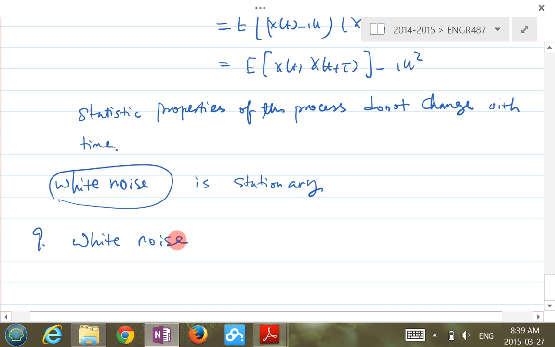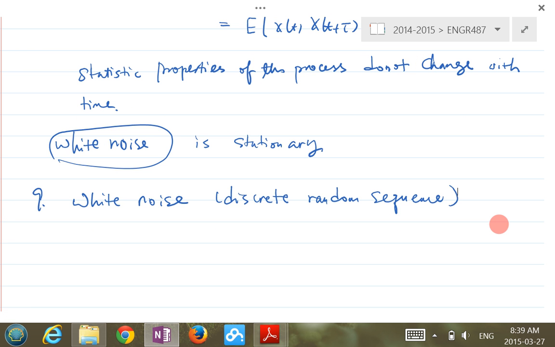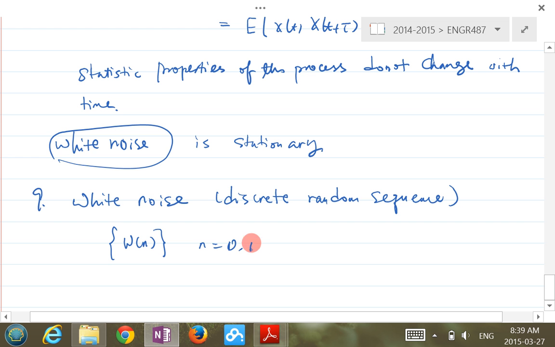We'll look at the discrete random sequence. Discrete basically means we're looking at W of n, where n equals 0, 1, 2, up to certain numbers.